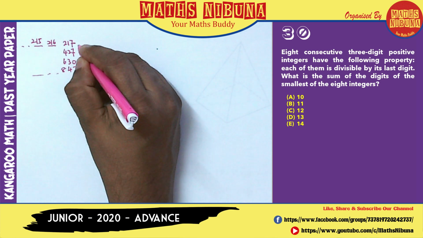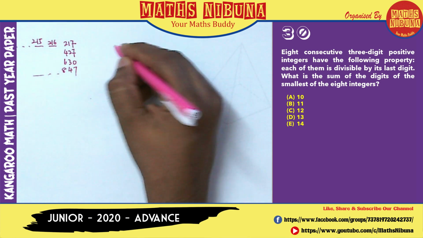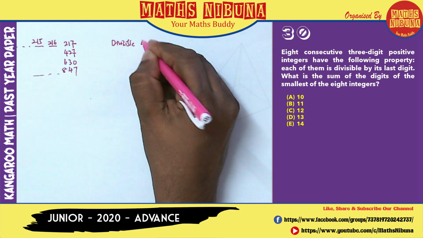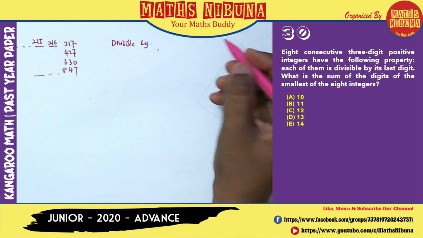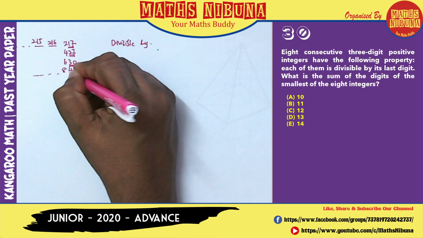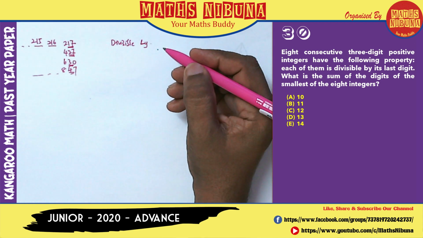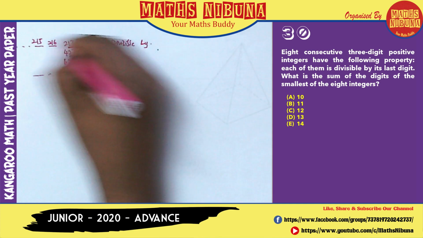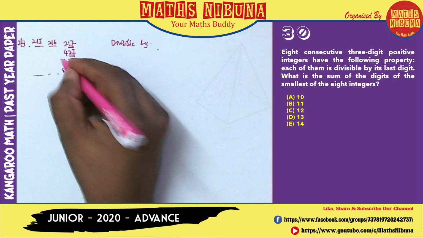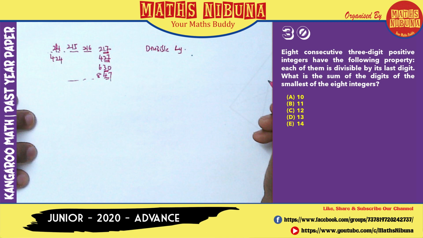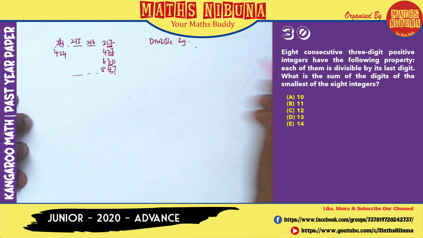Okay, now we look at divisible by 4. What is divisible by 4? If divisible by 4, the last 2 digits must be divisible by 4. So if this is 217, this will be 214. This will be 424. Sorry, I repeat again.